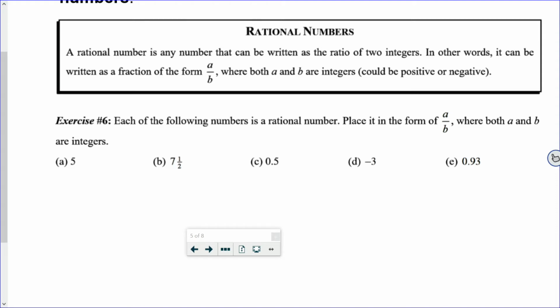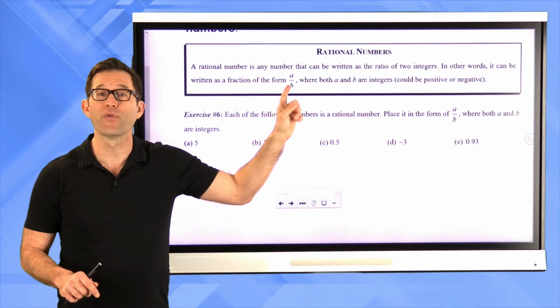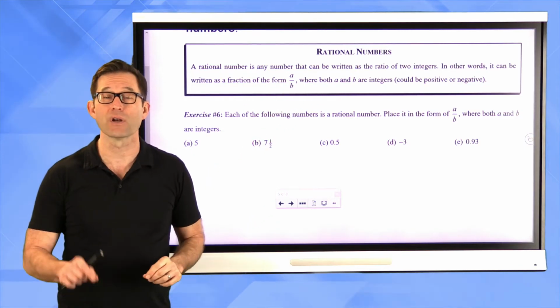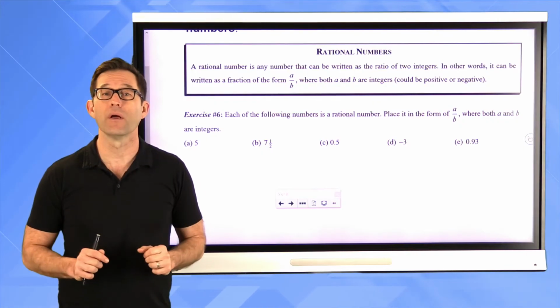In other words, it can be written as a fraction in the form a over b, where both a and b are integers and could be positive or negative. All right? So if you can write a number as a fraction where both the numerator and denominator are integers, then that is what's known as a rational number.